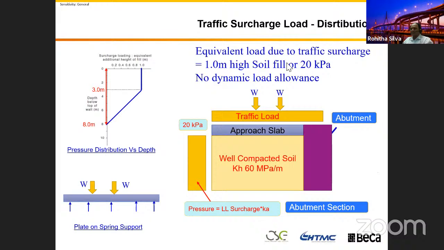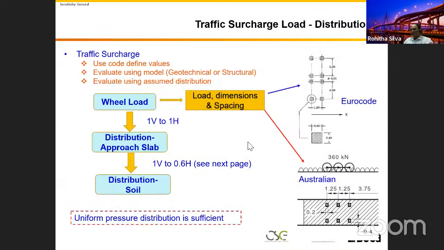Or else, it's given in the code: for the first 3 meters, you assume the pressure is uniform, and then from 3 meters to 8 meters, you assume it uniformly dies out, at a 0.2% gradient. Or if you want to do your own analysis and calculations, you can do your wheel load based on the wheel spacing.